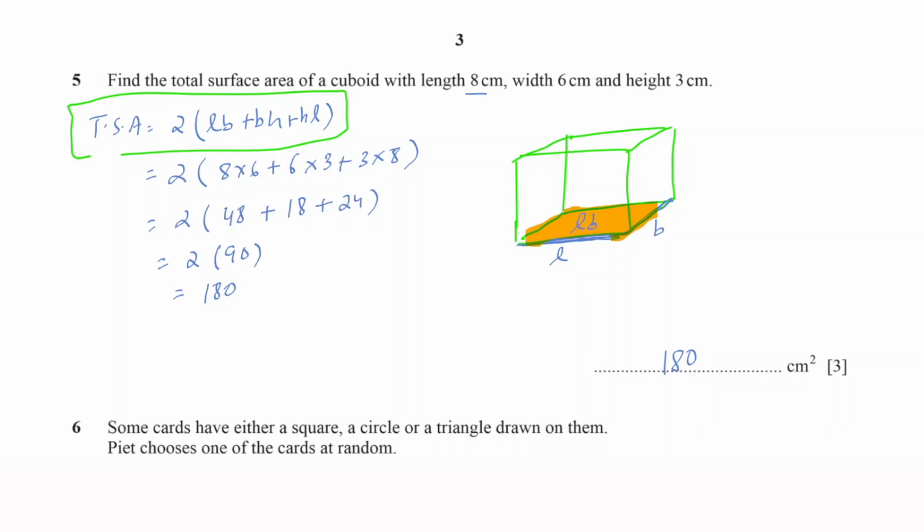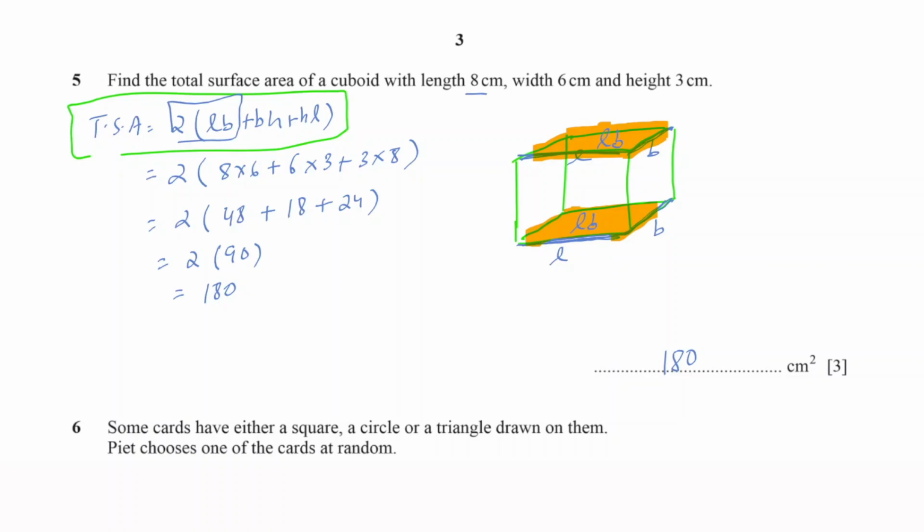In the same way, the top also has length and breadth, because the top and bottom are similar, congruent as we call it. That side is also length because it's parallel and equal, so the area over the top is length into breadth again. That's why we wrote 2 into L into B, because the length and breadth are doubled.